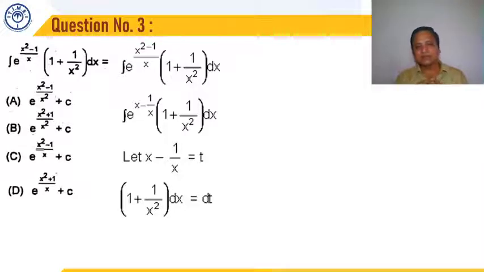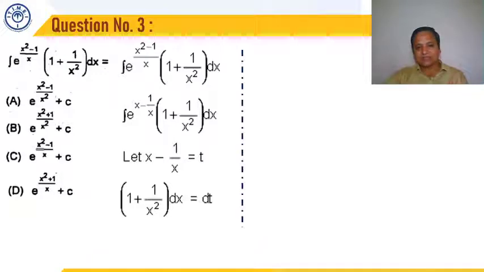I am differentiating this. Differentiation of x is 1. Differentiation of x to the power n is n x to the power n minus 1. So 1 plus 1 by x square dx equal to dt. Now this term 1 plus 1 by x square into dx is present in the expression, so it can be replaced by dt and x minus 1 by x by t.